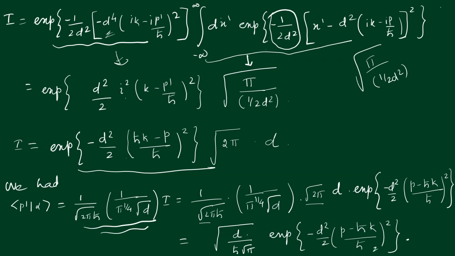All right, so the only thing that we have done in going from this step to this step is simply use that a minus b whole square is equal to b minus a whole square. Okay, so we are done. We have found the momentum space wave function by completing the square and using the Gaussian integral.